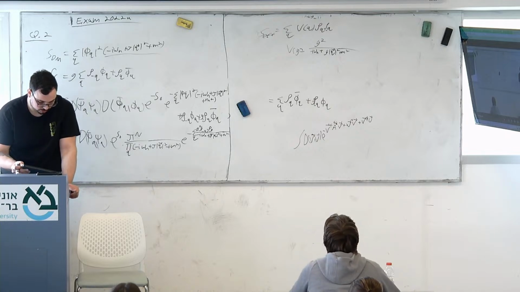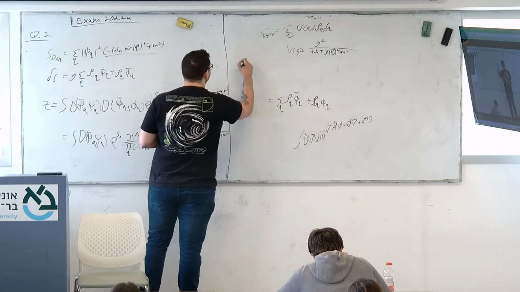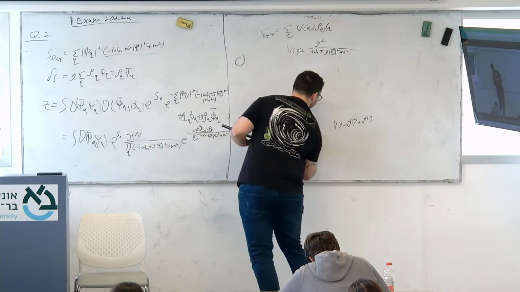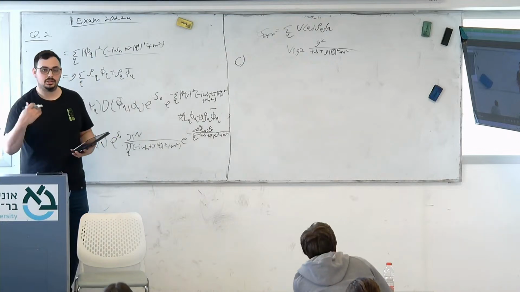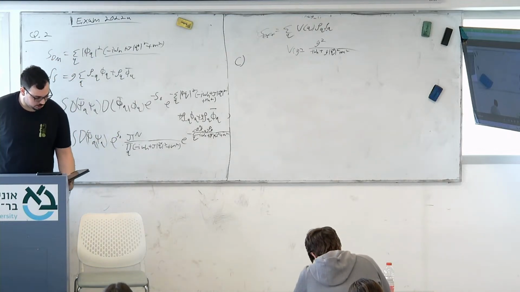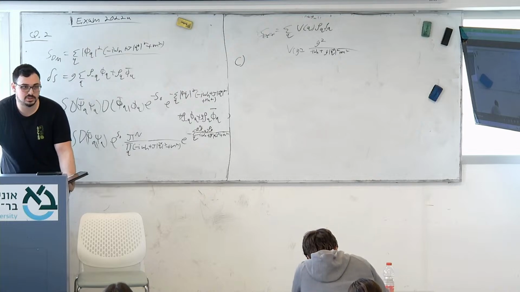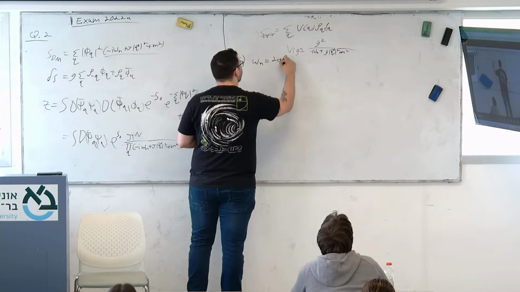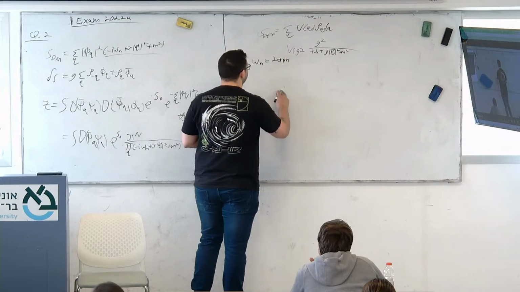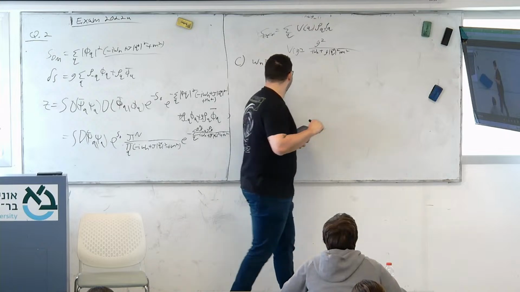Now for part C. We are given that at a very, very high temperature, the only term in the Matsubara sum is when omega n, where n is equal to 0, and we know that omega n equals 2 pi divided by beta times n.